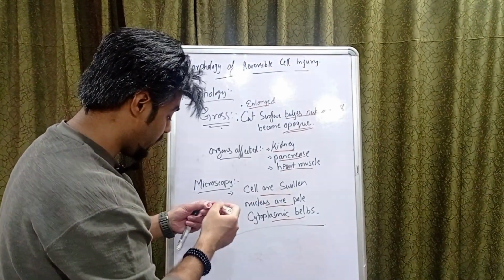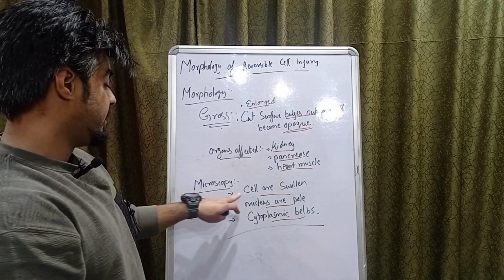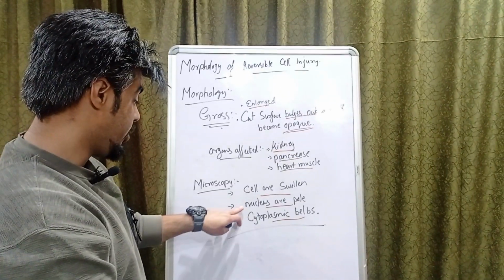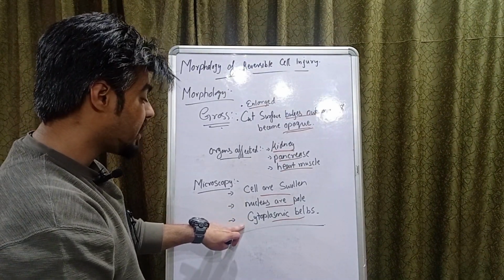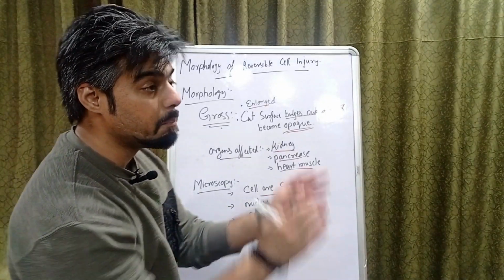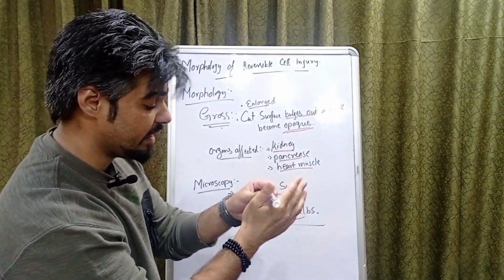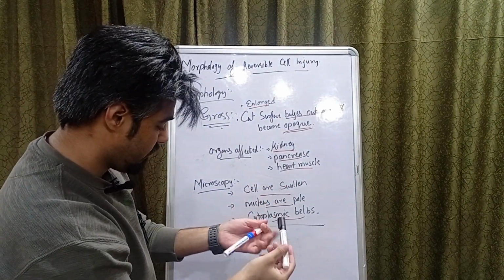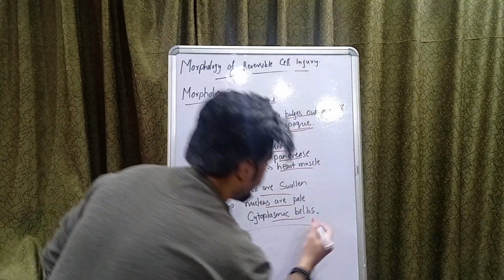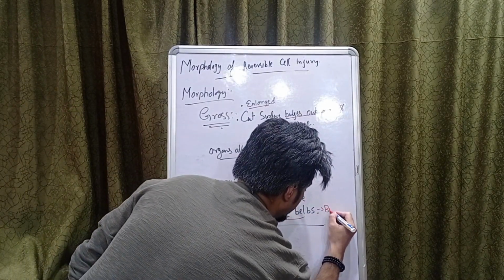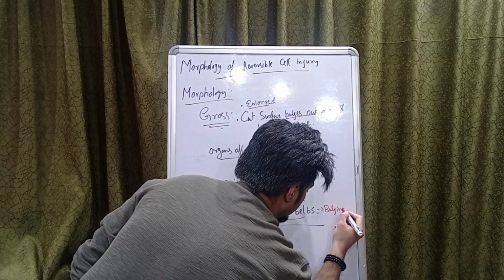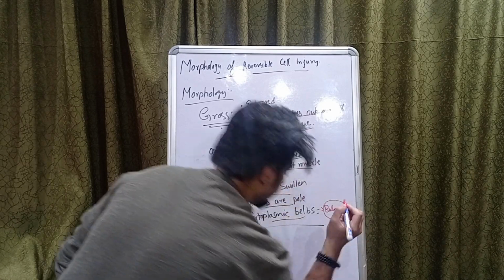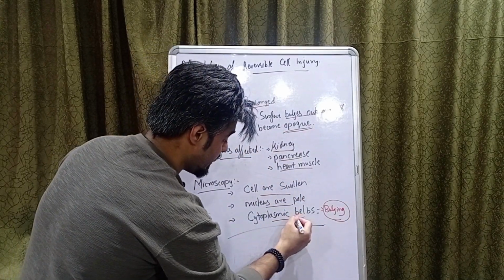So the microscopy is: cells are swollen, nuclei are pale, and cytoplasmic blebs. Blebs means bulge. Cytoplasmic bulging will be seen there. Bulging of cells will occur.